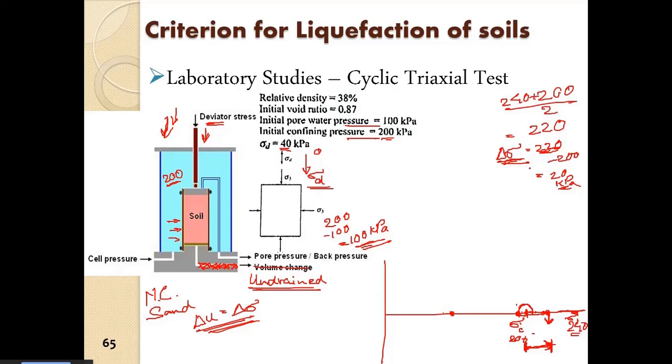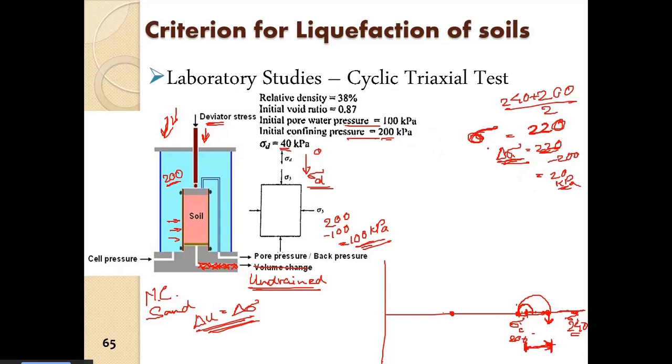Now if you consider the present scenario, we have a total mean stress of 220. This is now the confining pressure of 220, that is the last stage, last Mohr circle.